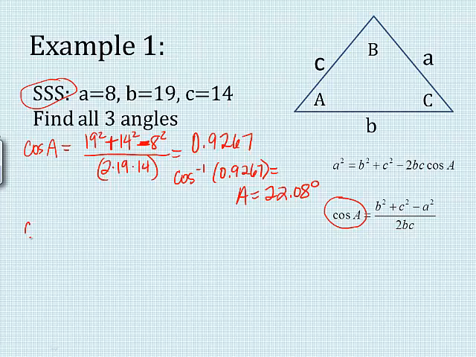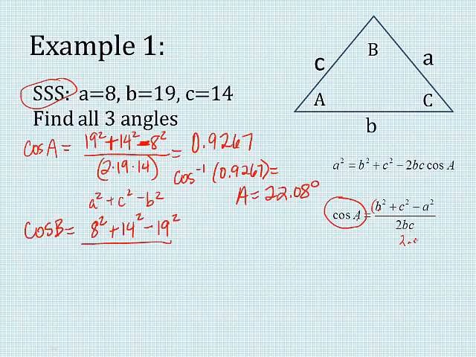Angle B, cosine of B. Let's do the same thing. I'm just going to use B instead of A, and where the B is here, I'm going to switch to A. So it's going to be a squared plus c squared minus b squared. The denominator, instead of being 2bc, is going to be 2ac now, 2 times a times c.